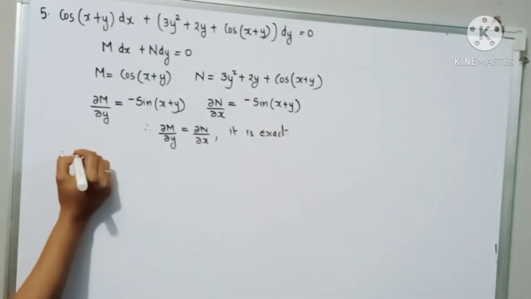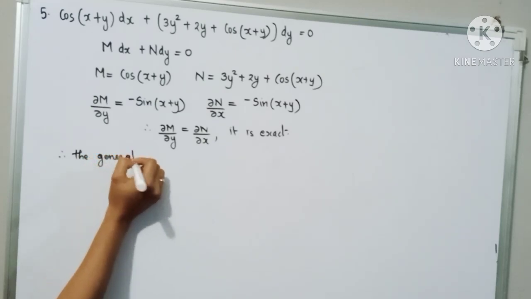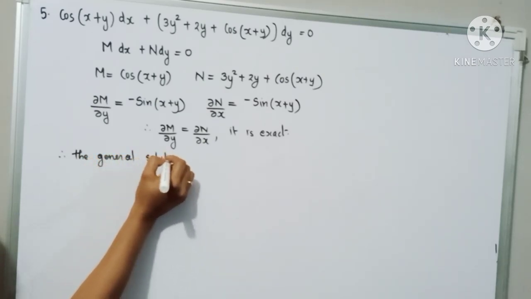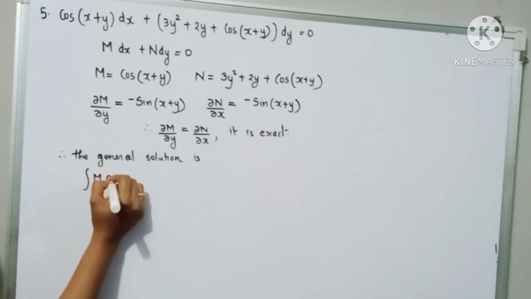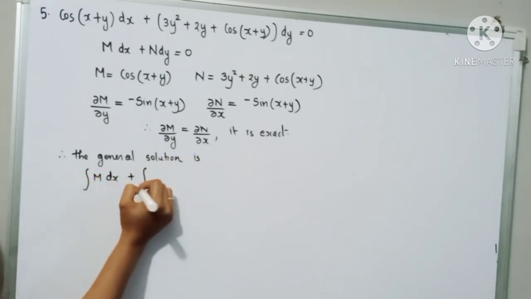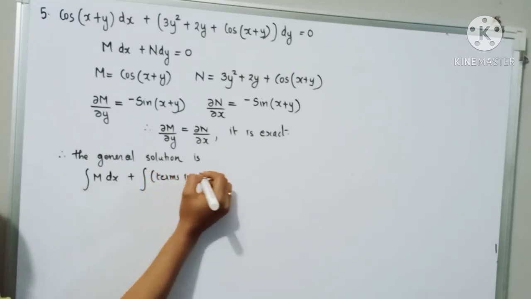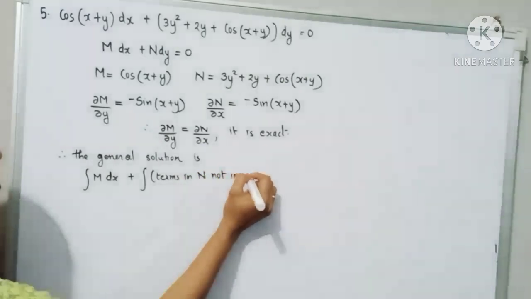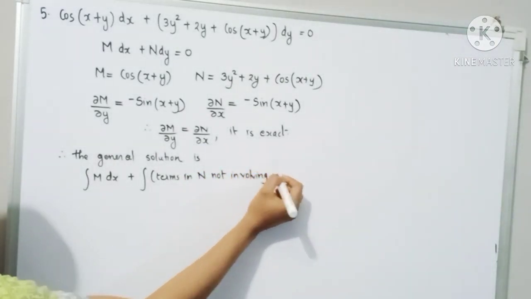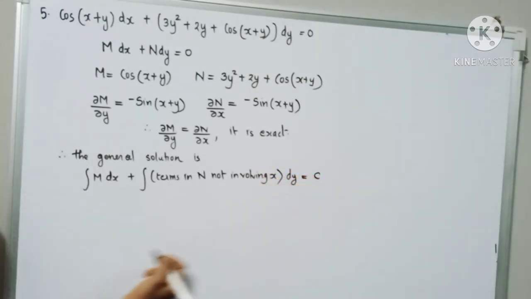Now, the general solution: integral M dx plus integral of the terms in N not involving x, dy, equal to c.